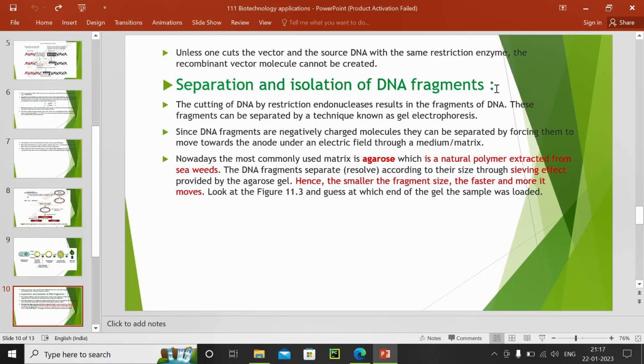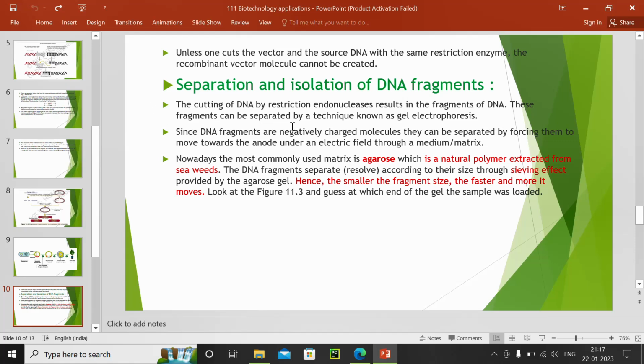Separation and isolation of DNA fragments. Our next point is separation and isolation of DNA fragments. The cutting of DNA by restriction endonuclease results in the formation of fragments of DNA. When DNA is cut, it forms fragments, therefore it is called fragmentation of DNA.